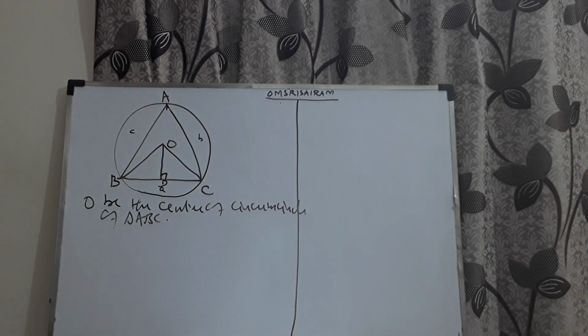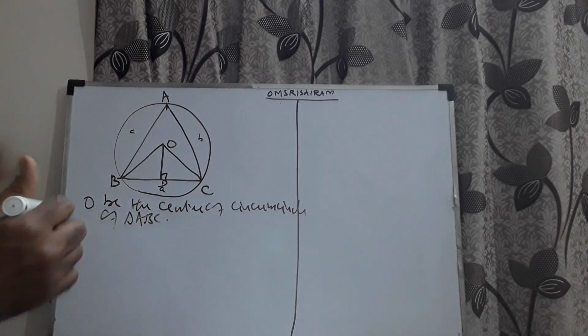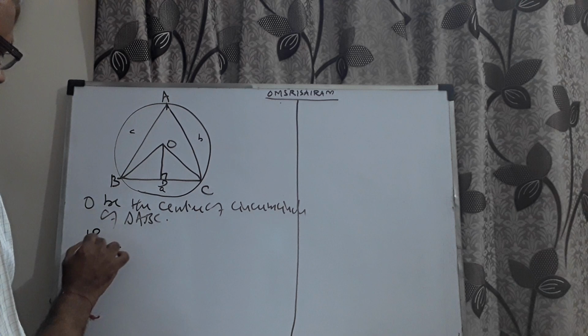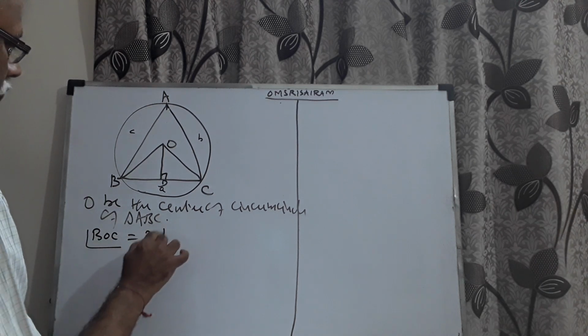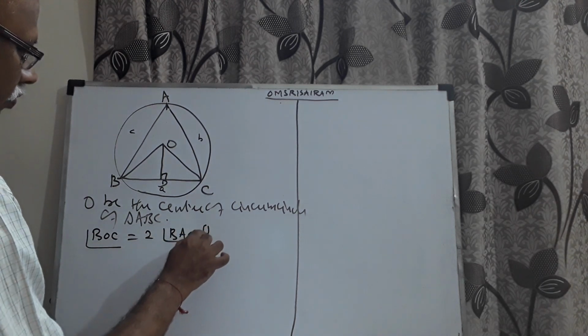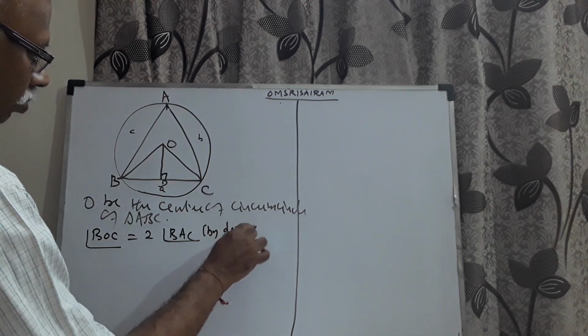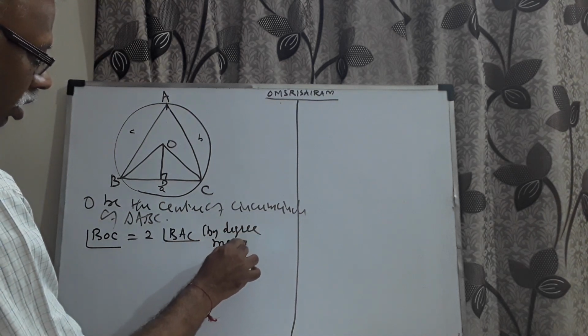Now, you might have seen the degree measure theorem in lower classes. The degree measure of an arc of a circle is twice the angle subtended by it at any other point in the alternate segment. Therefore, here angle BOC is twice angle BAC. This is by the degree measure theorem.